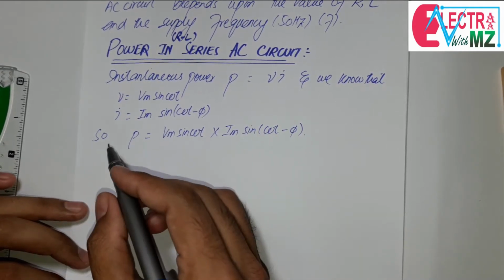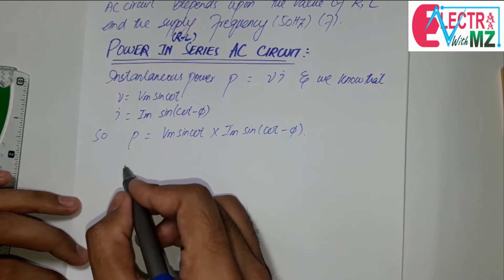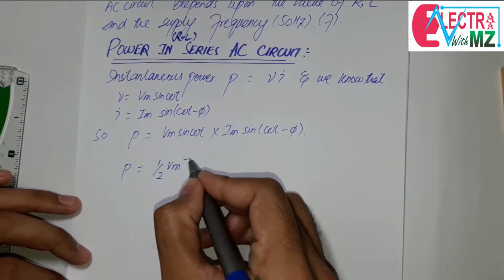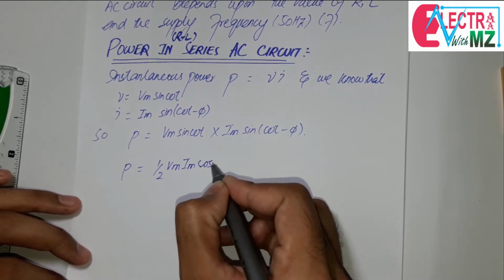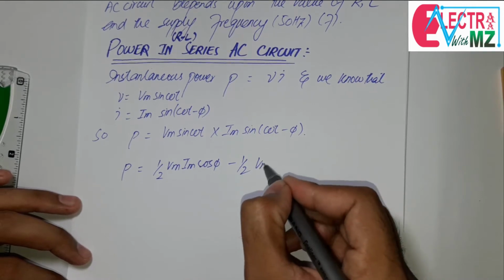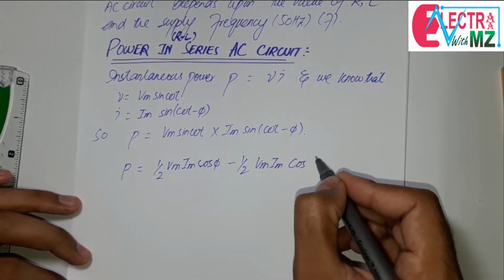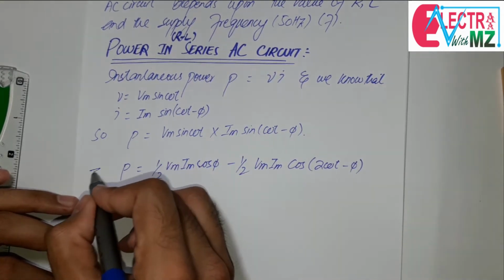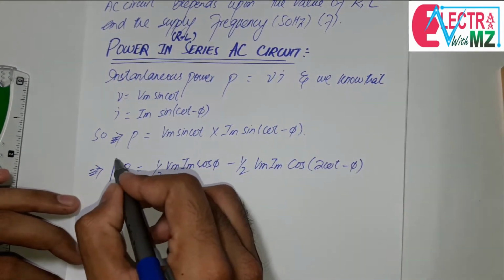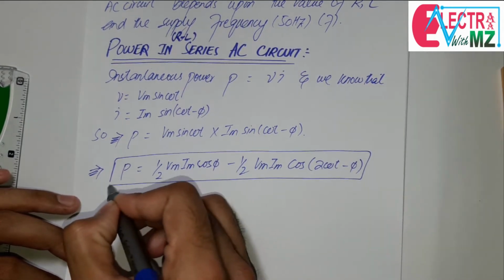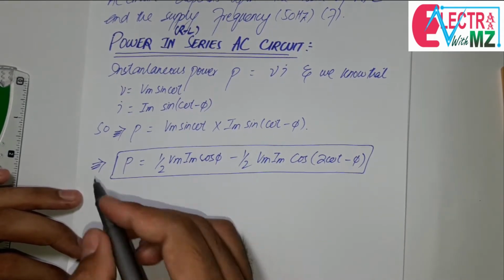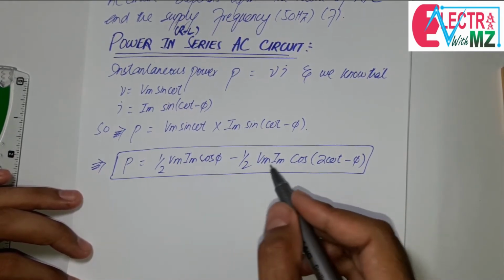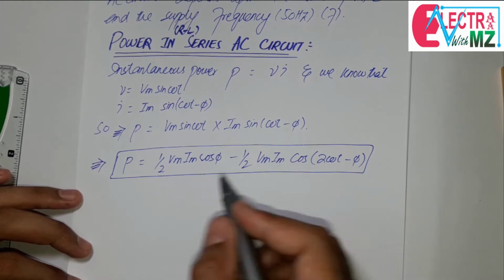Okay, so we can also write it as 1/2 Vm Im cos phi minus 1/2 Vm Im cos (2 omega t minus phi). So this is the constant part of the instantaneous power, and this is the variable part of the instantaneous power.